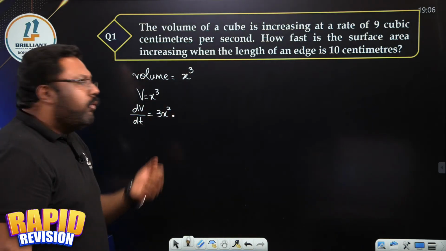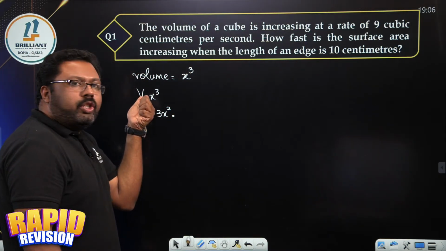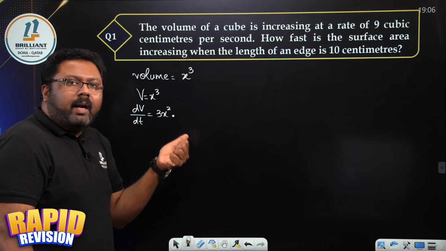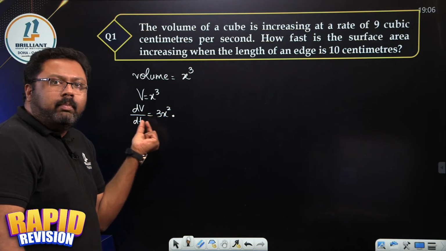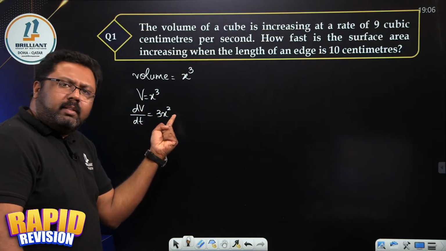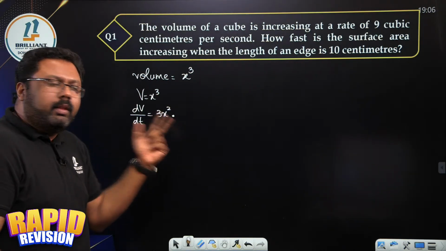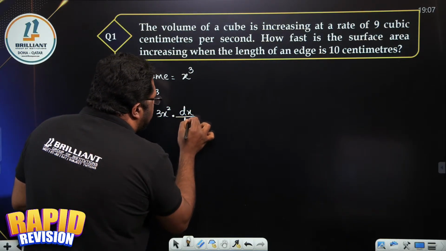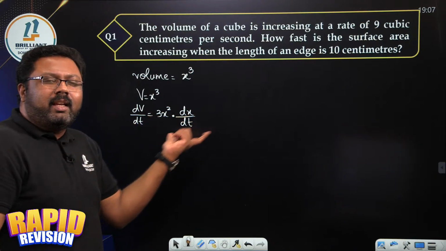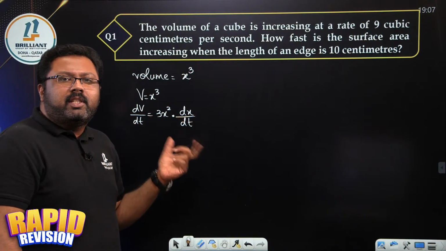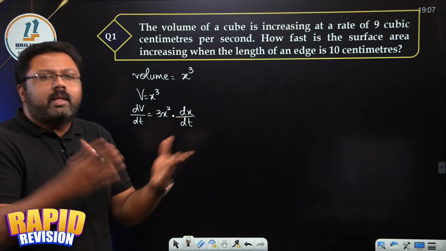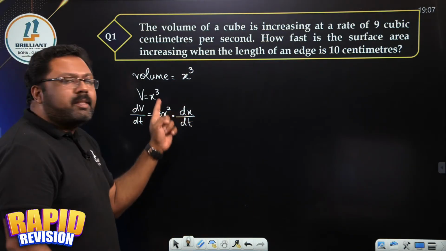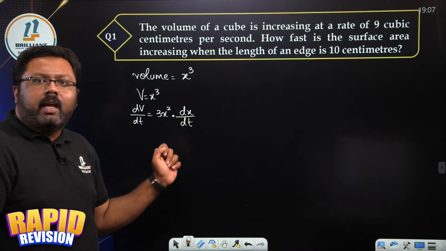Keep in mind, when you're differentiating a function in terms of x, but with respect to time t, the derivative of x cube, you take it in the normal way, 3x squared, but don't forget to multiply by dx by dt. It's a trick you can remember. I am differentiating x, so do it as you do normally, but always multiply with dx by dt.